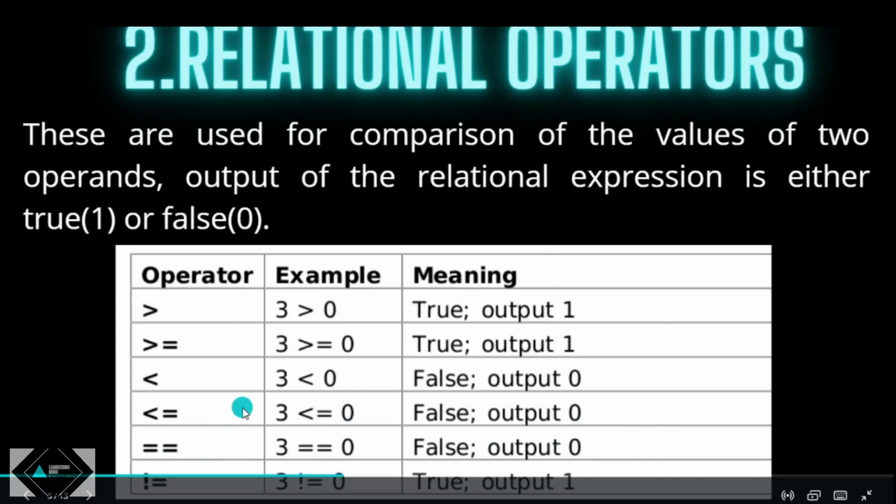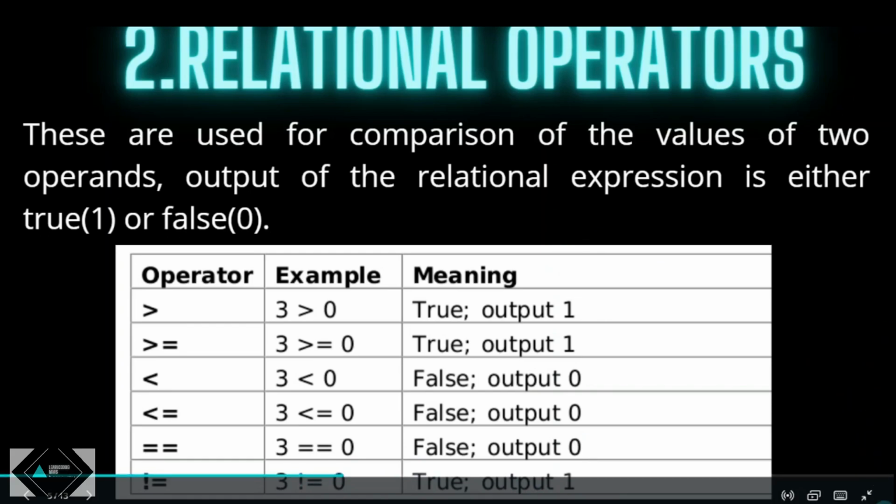Then equal to is a relational operator which is used to specifically check whether two operands are equal. So 3 is not equal to 0, hence it is false, so output is 0. Then the last one is not equal to, it checks if two operands are not equal, so 3 is not equal to 0, hence this condition is true, so the output is 1.